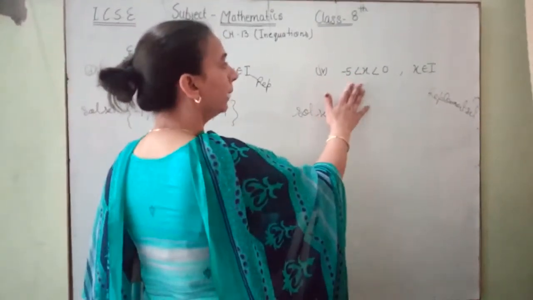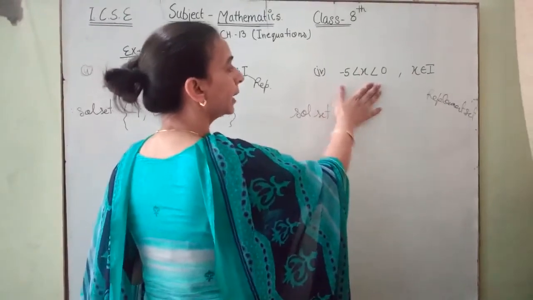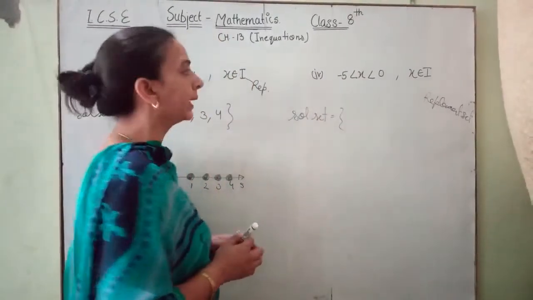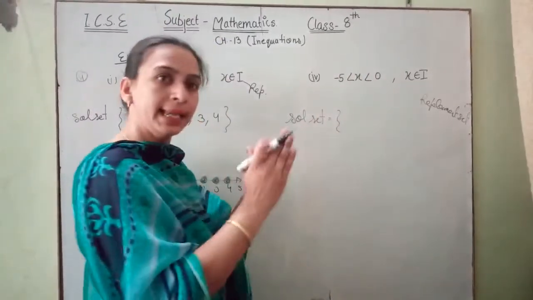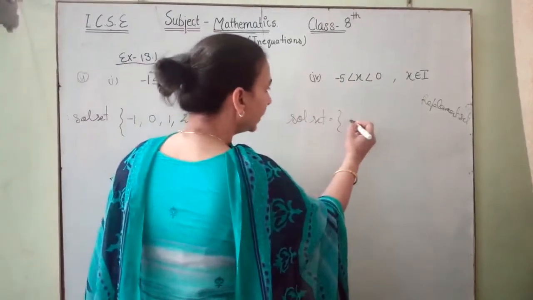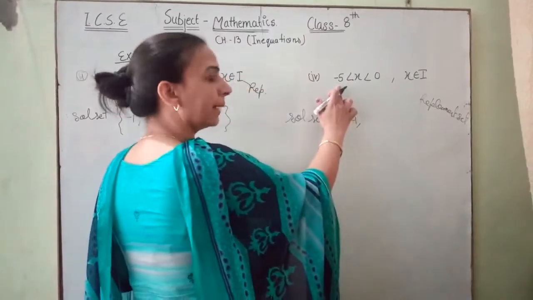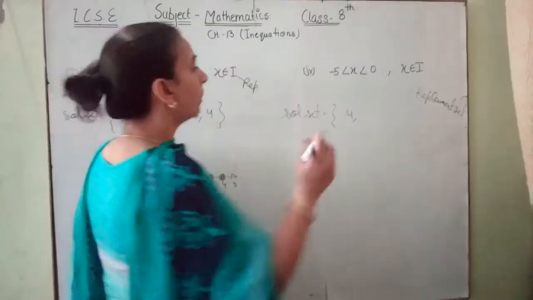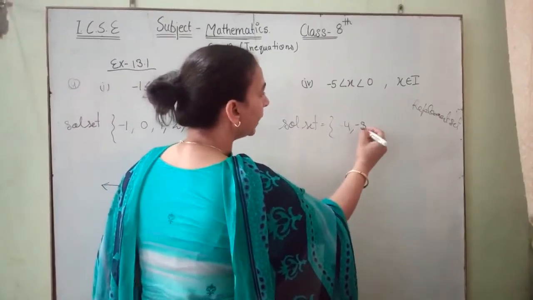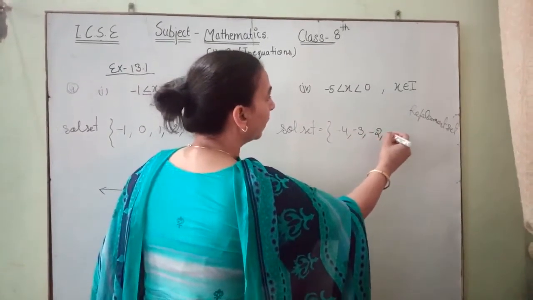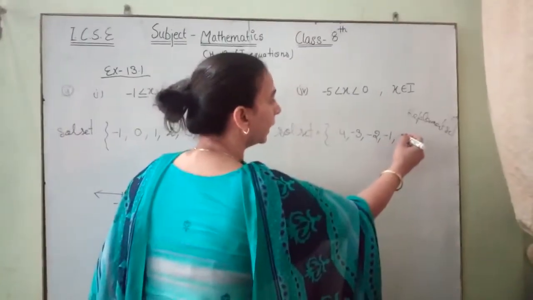Student, we take all values of x from the set of integers that satisfy this condition, greater than -5 and less than 0. Then -4 is greater than -5 and less than 0. Again -3, -2, -1, then again 0.